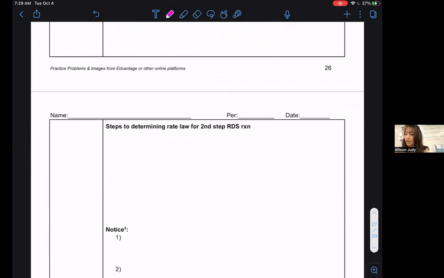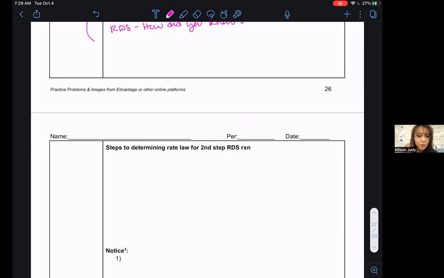When you look at a reaction and you notice that the rate determining step is not the first reaction, so let's say for here, we have the rate determining step being on our second elementary reaction. The reaction between HCOOH2 plus and H2O plus HCO plus.